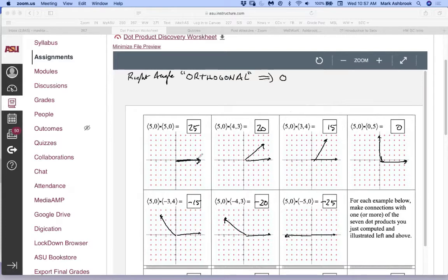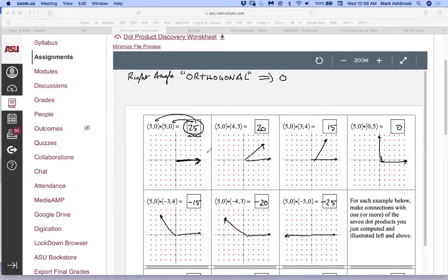When it was the same vector, you get 25. And what does 25 have to do with these 2 vectors? Where does that number come from? AX times BX. Okay, that's the formula for it. But what's another way to think of 25 relative to these 2 vectors?